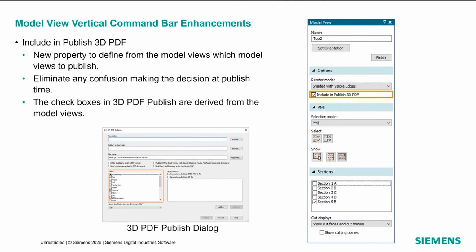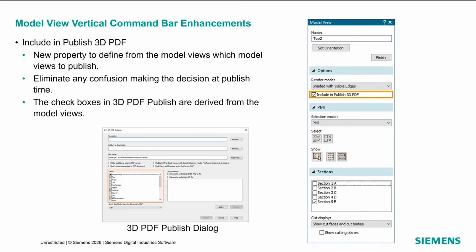We've also added an option inside the VCB for include in published 3D PDF. So again, a lot of our customers have come back and said, hey, I have hundreds of model views, and when I go publish them, I don't know exactly what model view I have selected to publish. I don't know which model view is which.